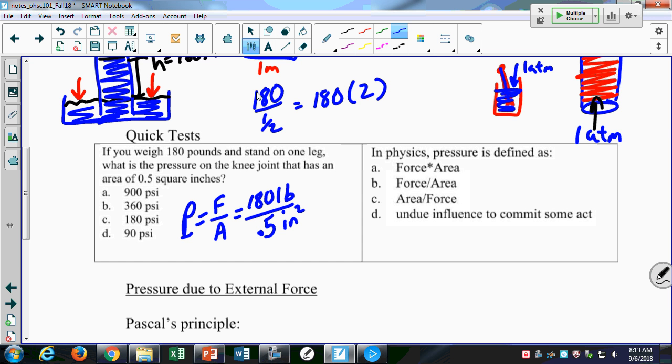And the pressure and the force are something different. So it is true that I'm 180 pounds of force acting on my knee, but because my knee is only about a half inch square, that's 360 pounds per square inch.